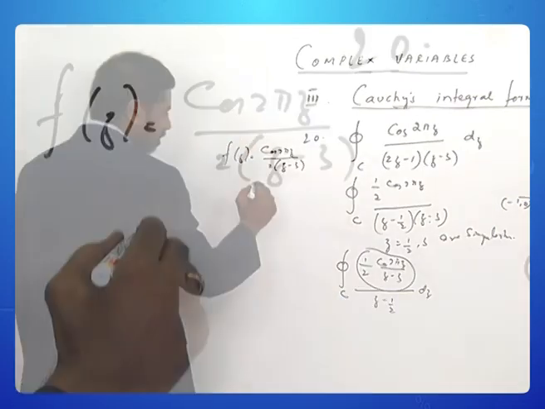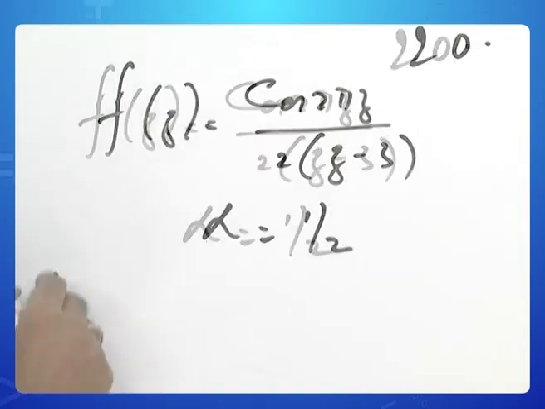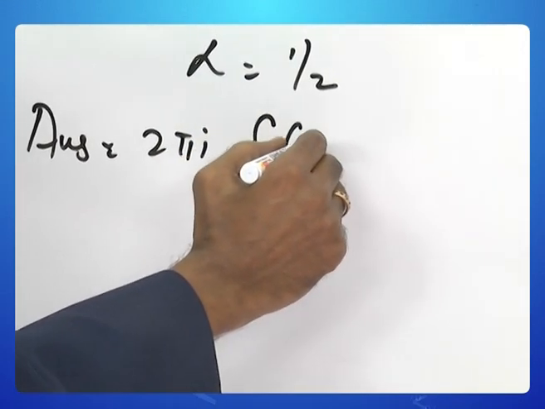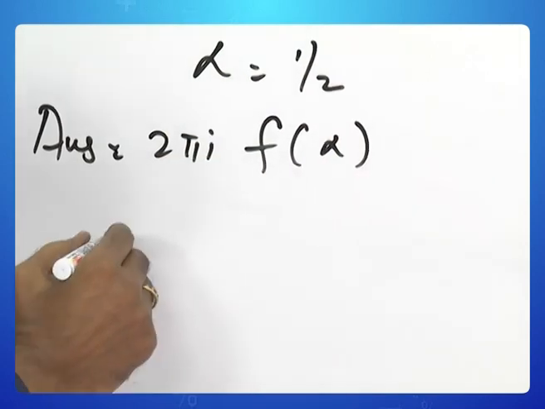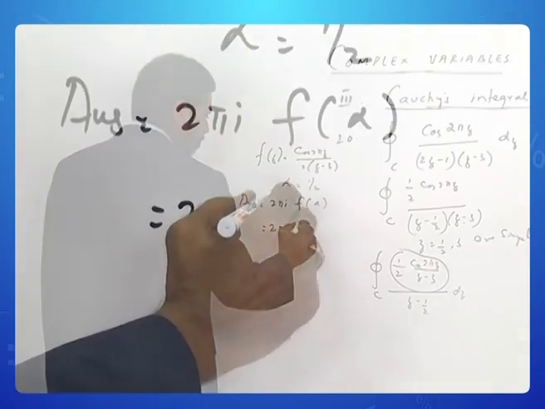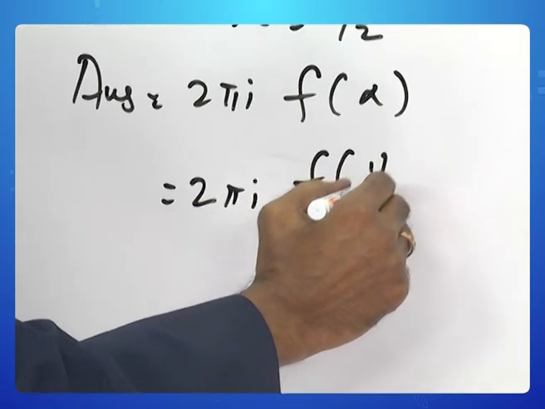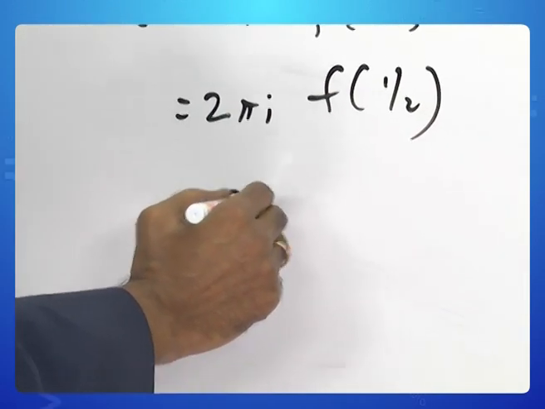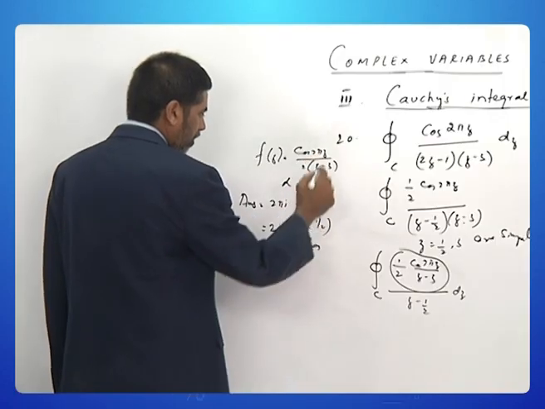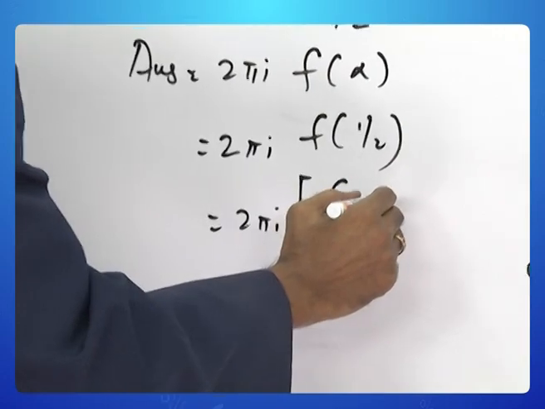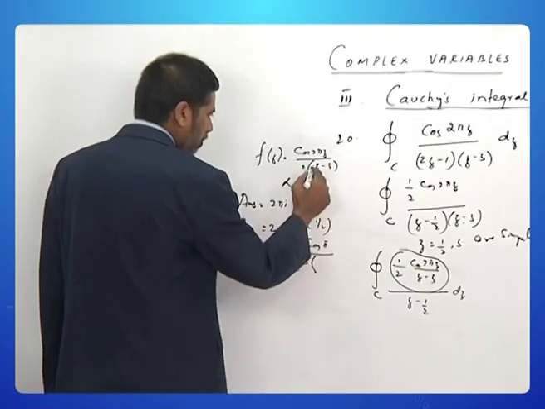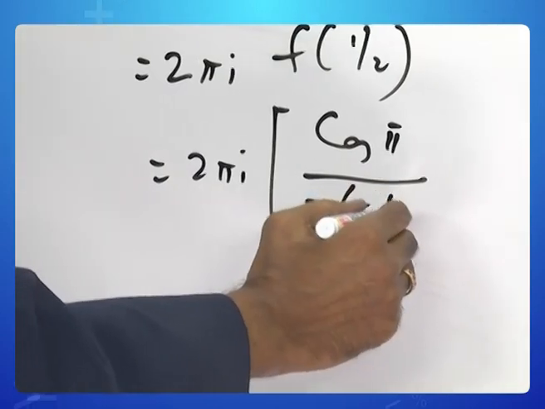The singularity is alpha is equal to half, and the answer should be 2 pi I f of alpha, where alpha is half. So 2 pi I f of half, 2 pi I cos 2 pi alpha, that becomes cos pi by 2 into (half minus 3), minus 5 by 2.